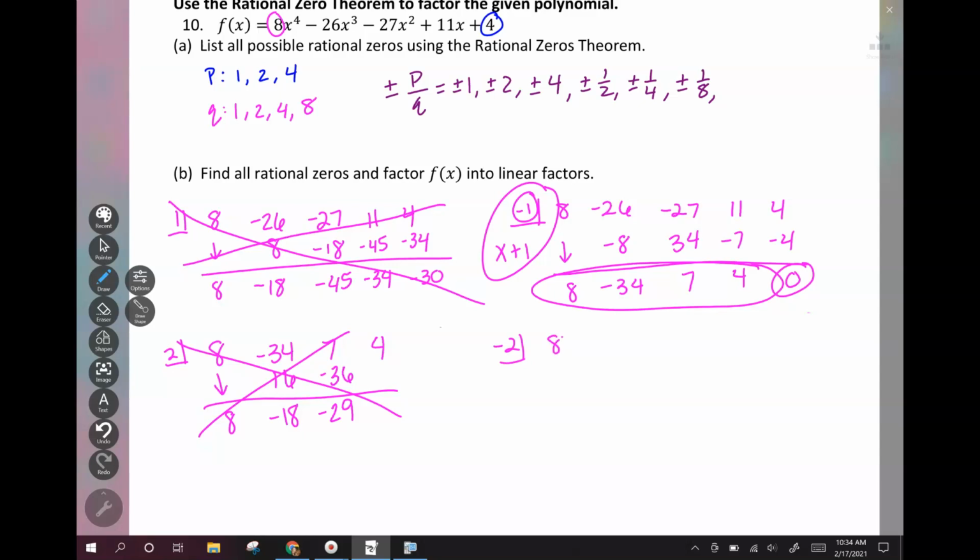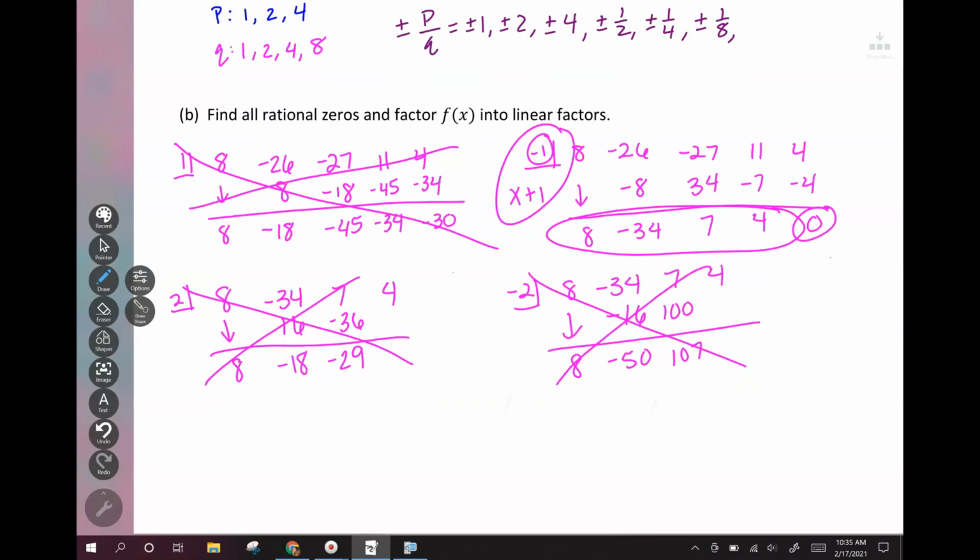I know this seems tedious, but it is what it is. So 8, -16, that's -50, positive 100, definitely not going to work out.